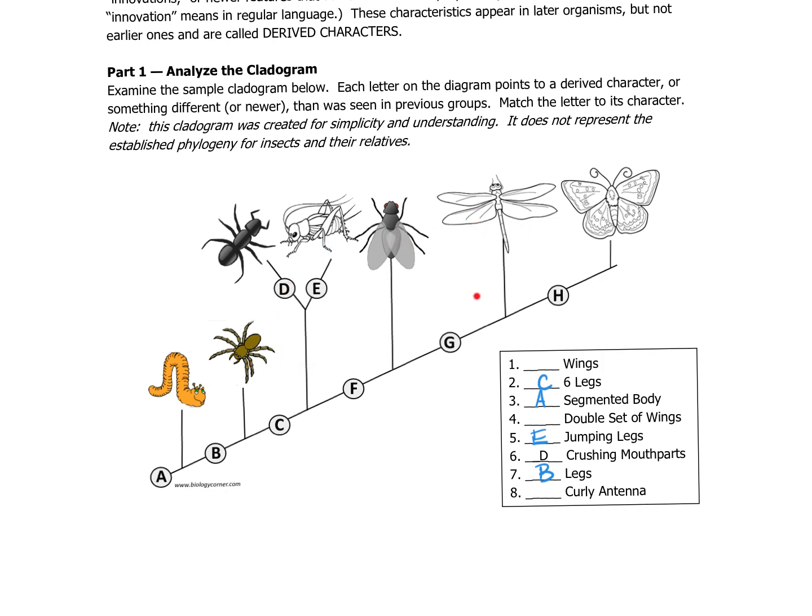If we look, all of these have wings. So I'm going to put an F by wings. Then I'm going to move on to G. What do the final 2 have that the rest don't have? If I look, they both have a double set of wings. And then finally for H, what does the butterfly have that the rest don't have? If we look, the butterfly has that curly antenna.